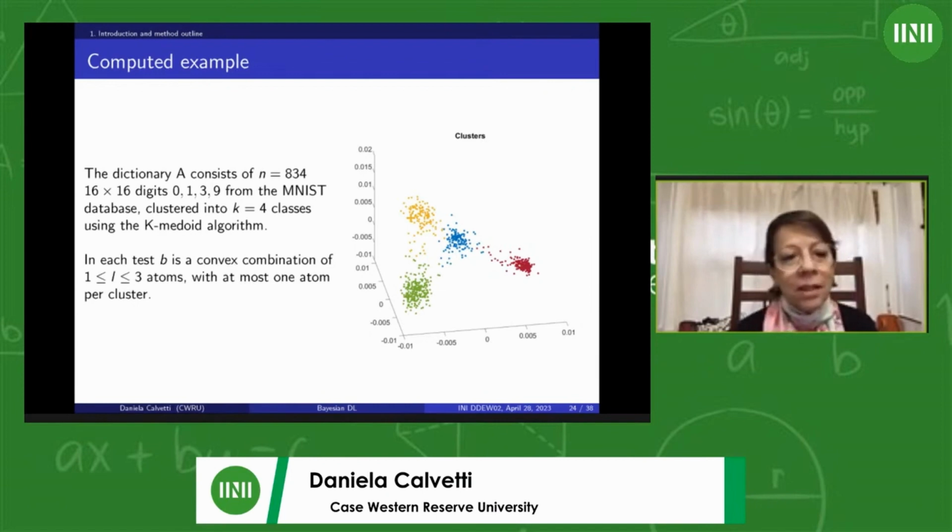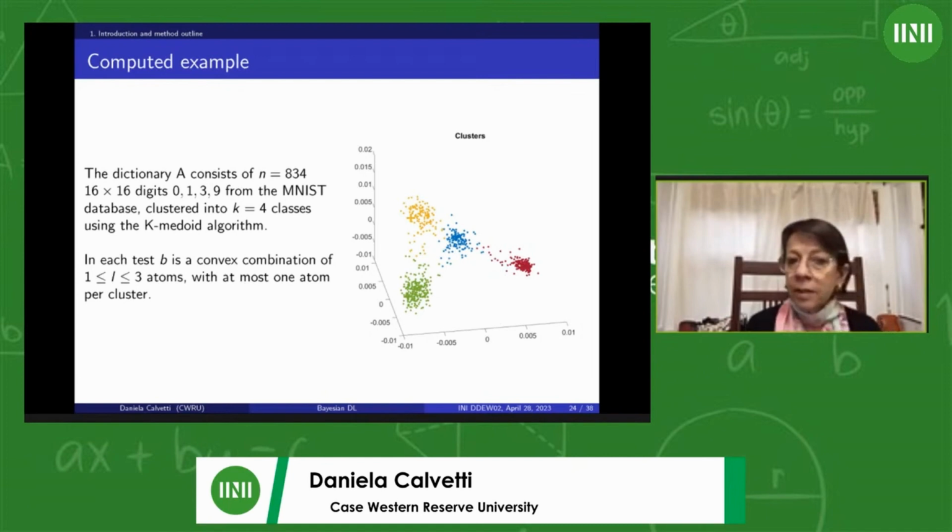Our original dictionary D has 300 columns, and we selected 834 images of handwritten digits from the NIST database. These are represented as 16 by 16 images. They are 0, 1, 3, and 9.